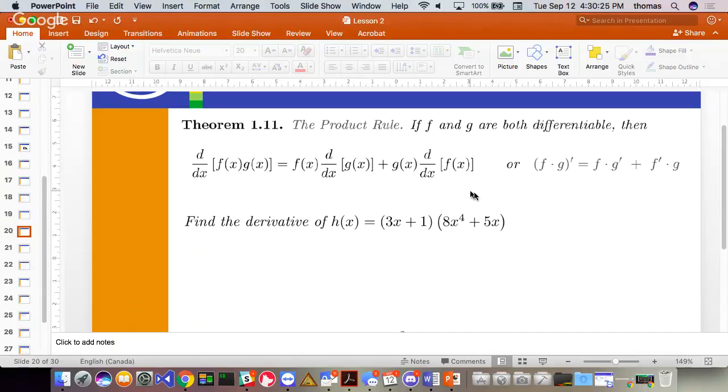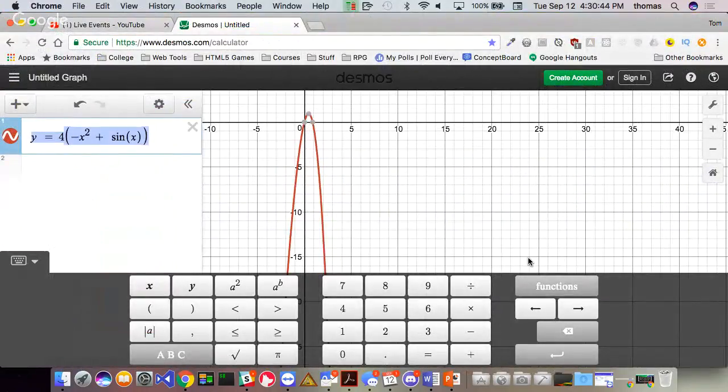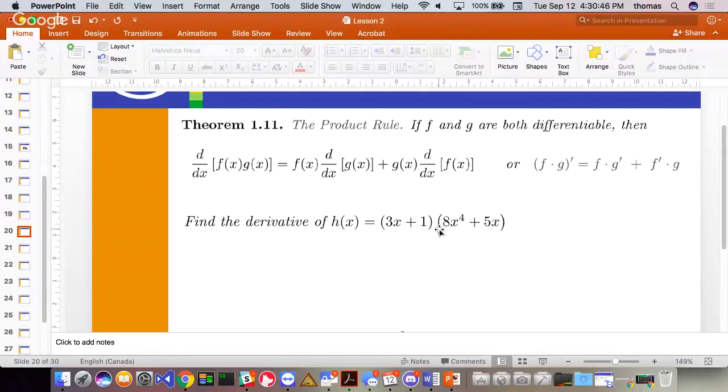Let's find the derivative of h of x. This is the function h of x, where it's equal to 3x plus 1 times 8x to the 4 plus 5x. How do you figure this out? Let's do it on the graph again. By the way, if you don't understand, put up your hand. This is the time to do this. So let's type this in.